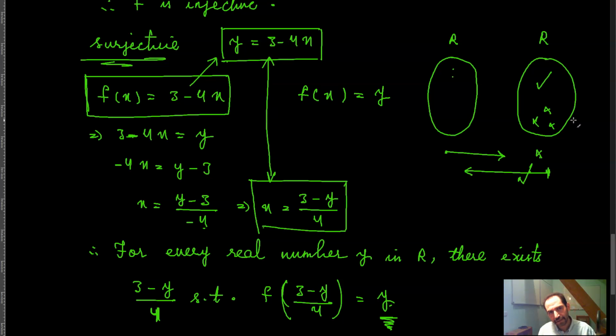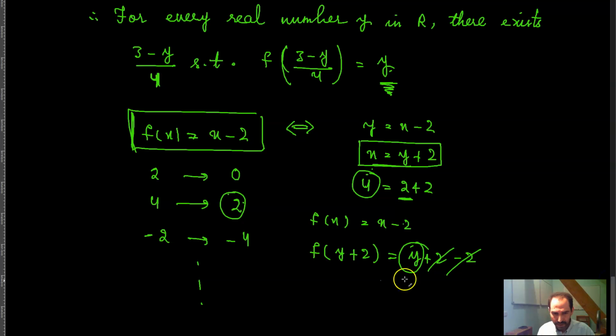And that means that basically the function is surjective or onto. So that tells you that basically f is onto or basically surjective.